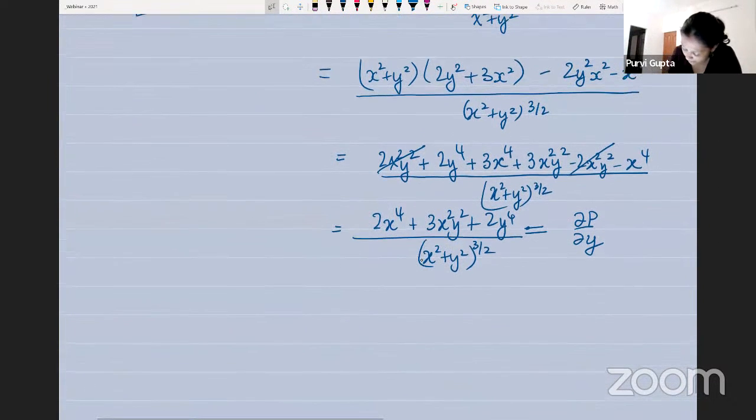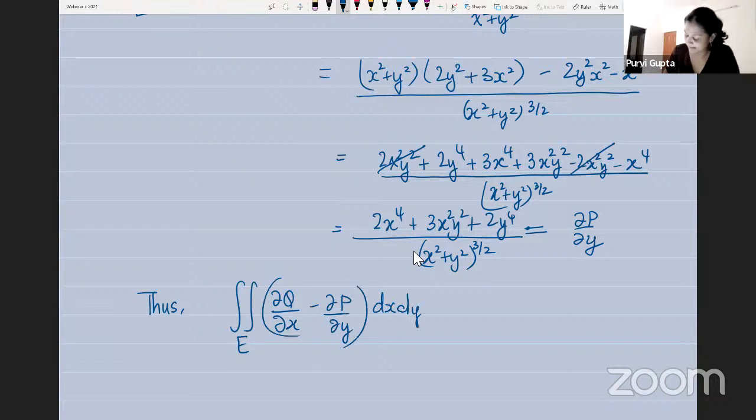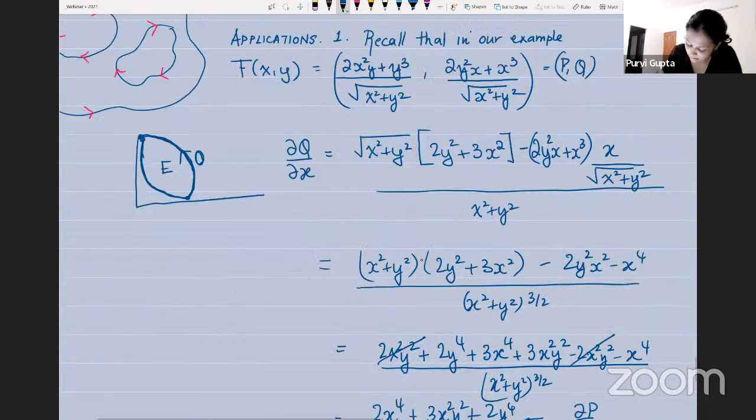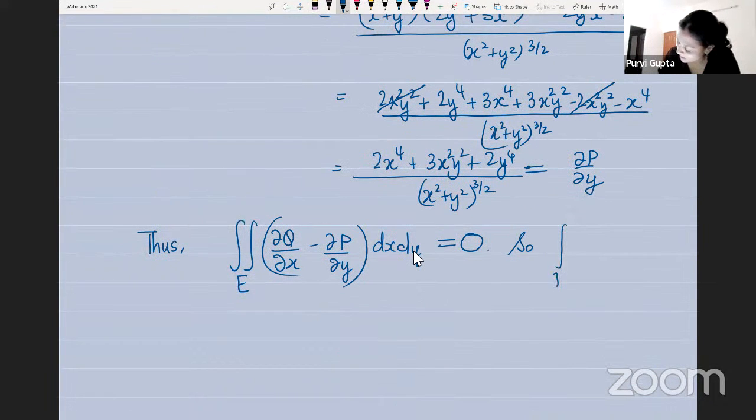And now what we know is, thus, the integral over E of del Q del X minus del P del Y, this area integral, is simply a big fat zero. So if I take my asteroid to be gamma, and this was sigma, I know that the integral of P dx plus Q dy would have been zero to begin with.